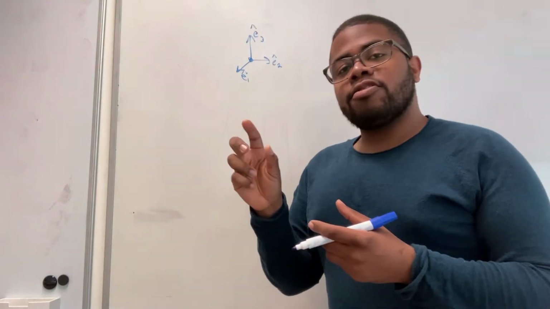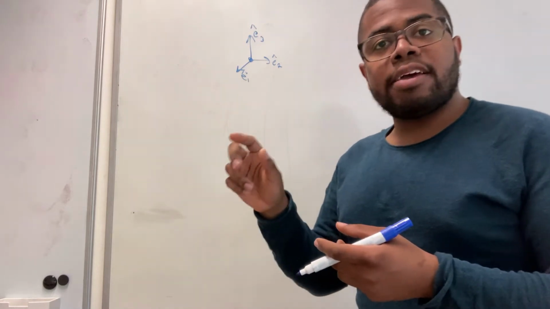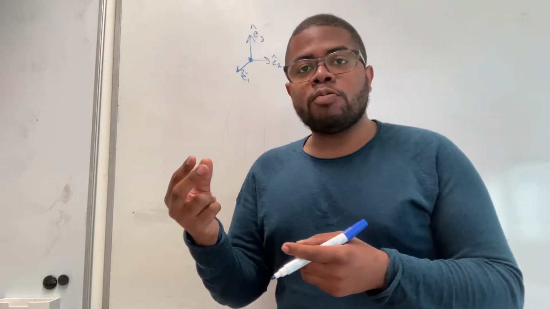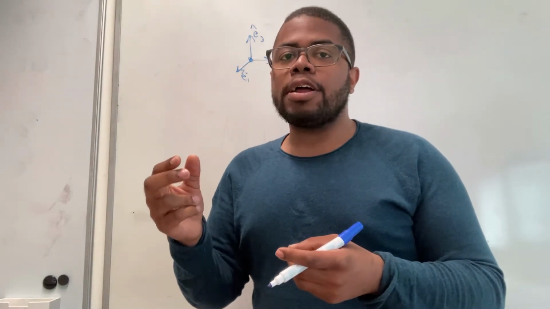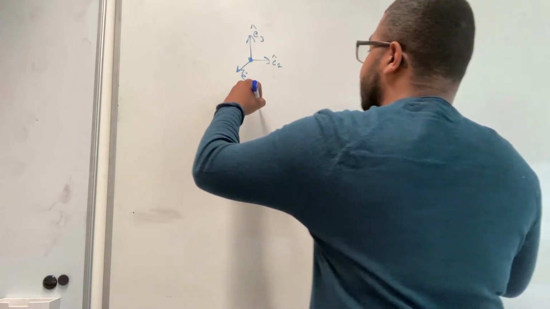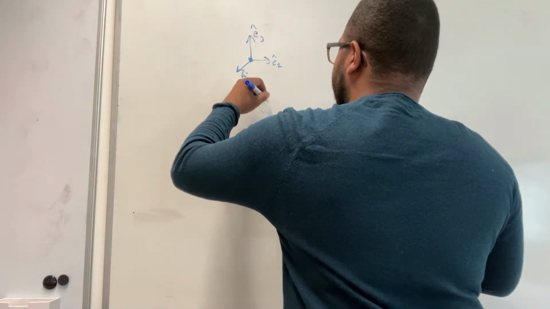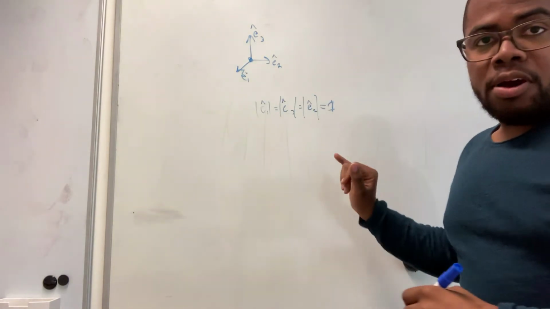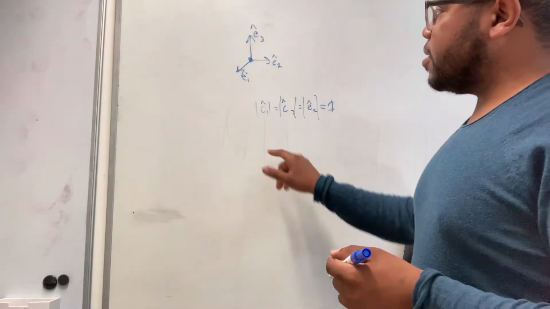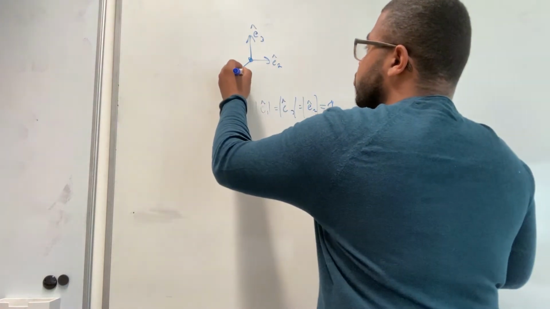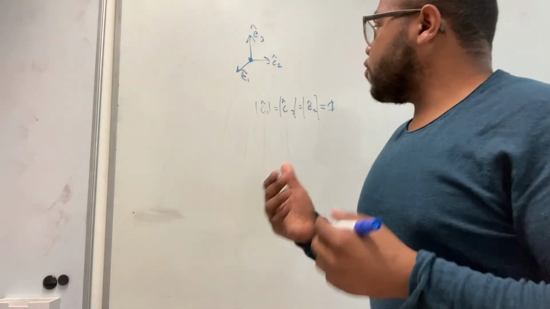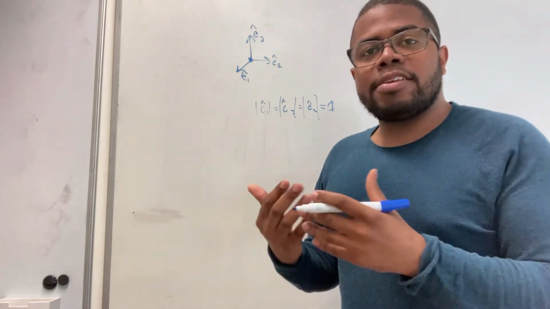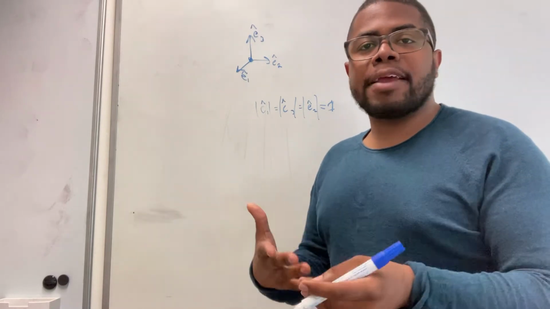Another interesting property which we mentioned beforehand, I think in Journey to Relativity Part 2, is that these basis vectors have a magnitude of 1. That implies that the length of any one of these basis vectors is equal to the number 1, because at least in the Cartesian coordinate system they were also unit vectors, and this unity property tells us that these vectors have a magnitude of 1.